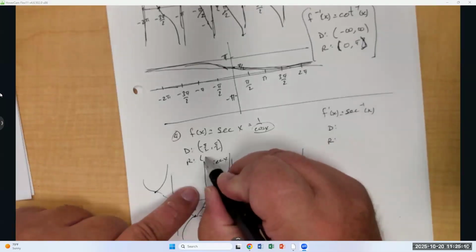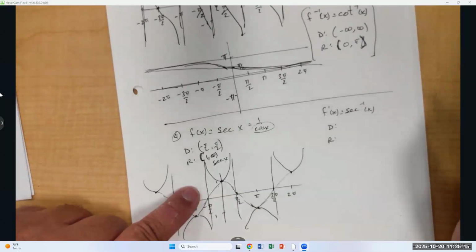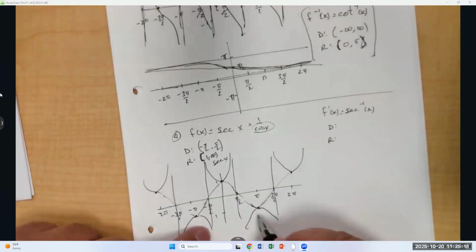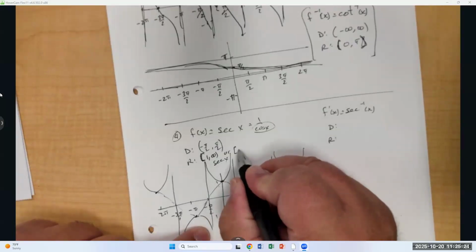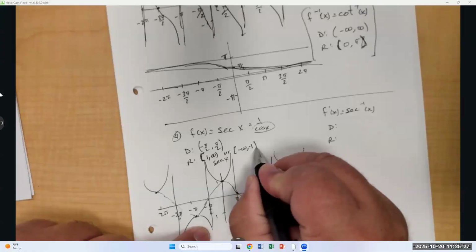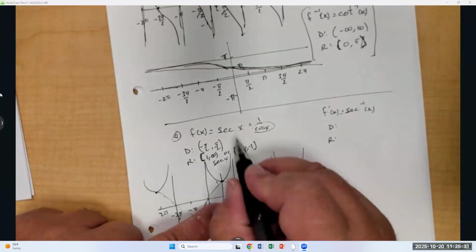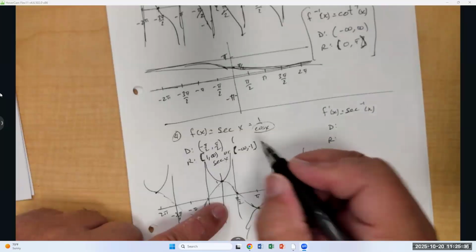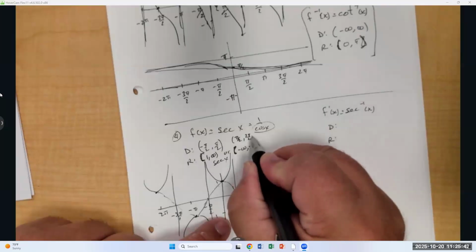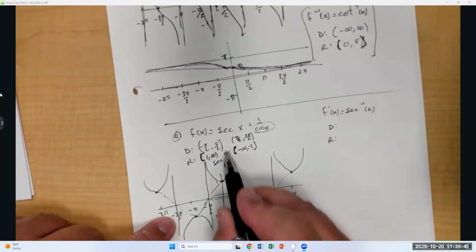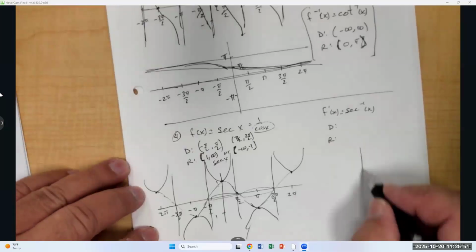And the range is from 1 to infinity, or it can go down, negative infinity to negative 1. And that one is from pi over 2 to 3 pi over 2. So if it's in the first interval, it's positive. If it's in the second interval, it's negative. And that translates over here to the inverse function.